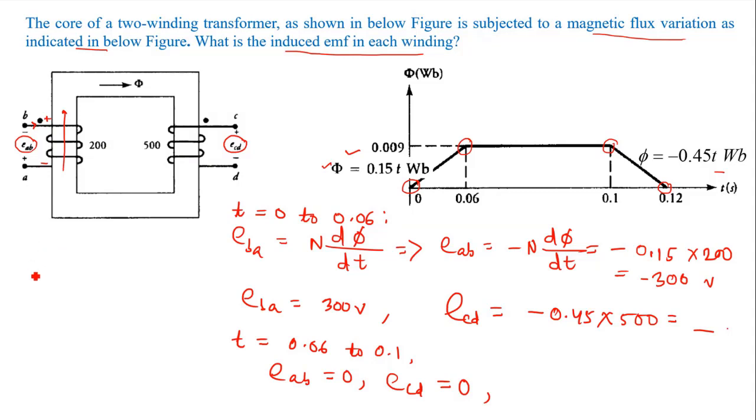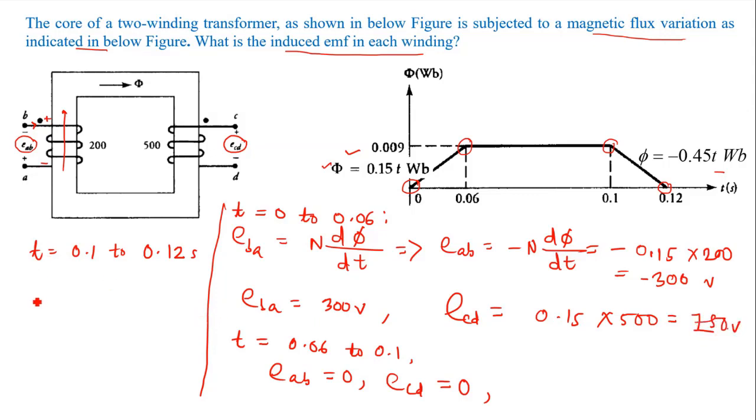Similarly, for t equal to 0.1 to 0.12, it will be 0.15. Okay, so it will be around 750 volt.